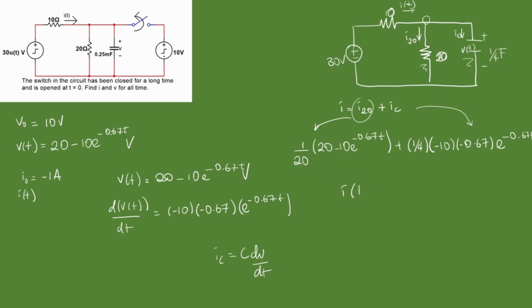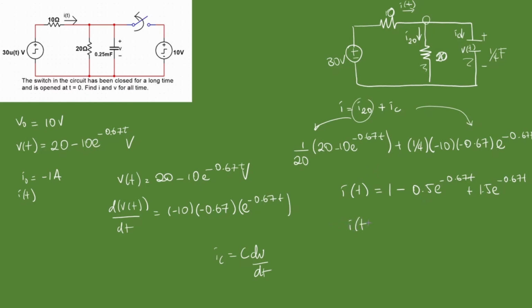For lack of time, this is correct actually, but let's run through this. That's 1 minus 0.5 e to the minus 0.67t plus 1.5 e to the minus 0.67t. Alright, so that's 1.5 this minus 0.5 this.